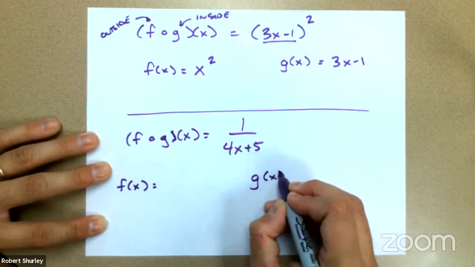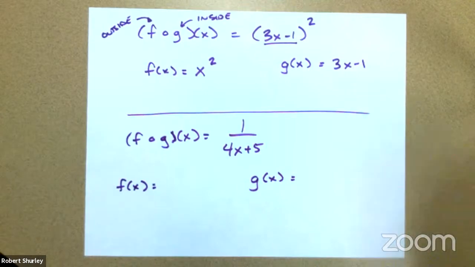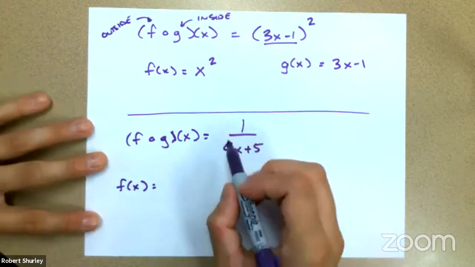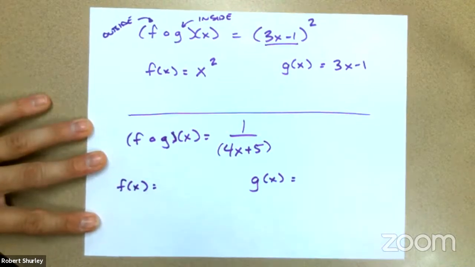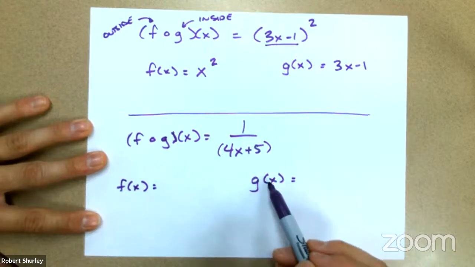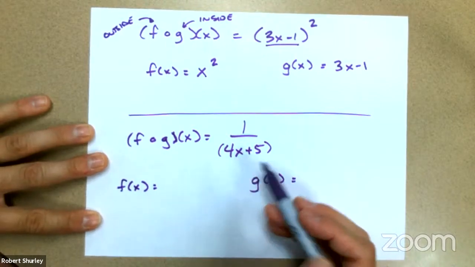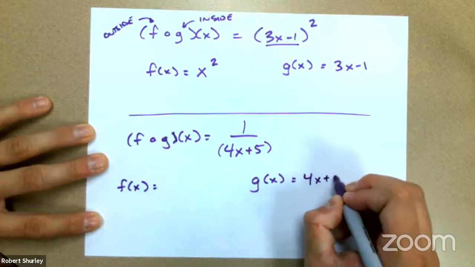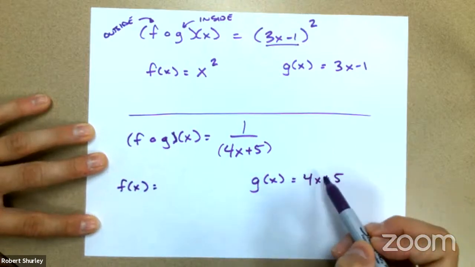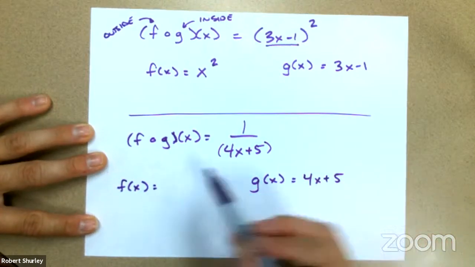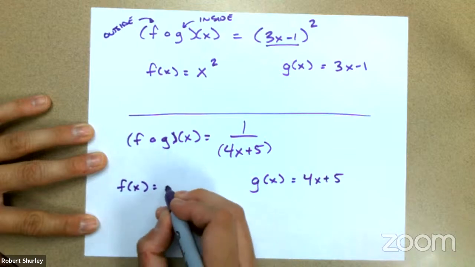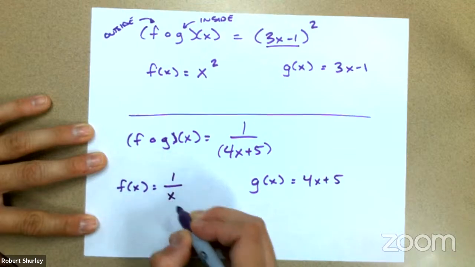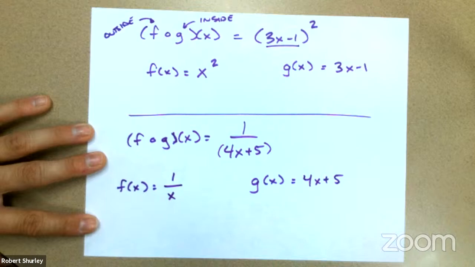And I want the inside function. I'm going to think of this as parentheses. This is a fraction, and the inside function is typically easier to spot: 4x plus 5. But if 4x plus 5 is the inside function, what would the outside have to be? Booyah. 1 over x.